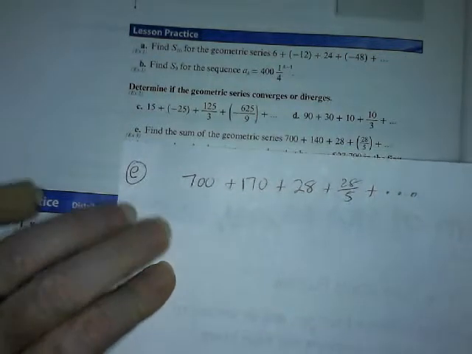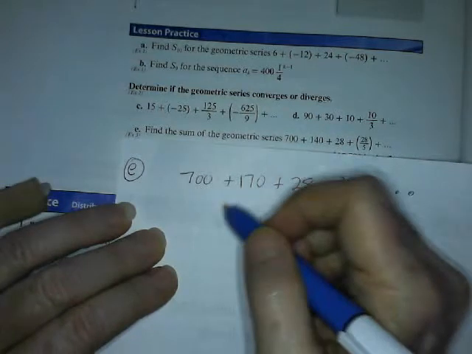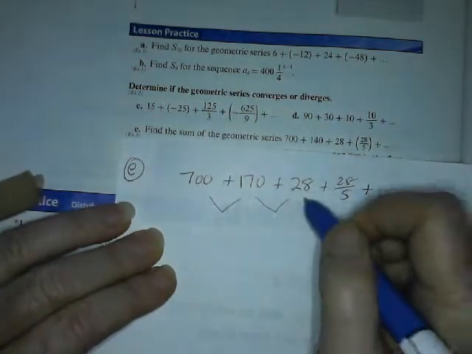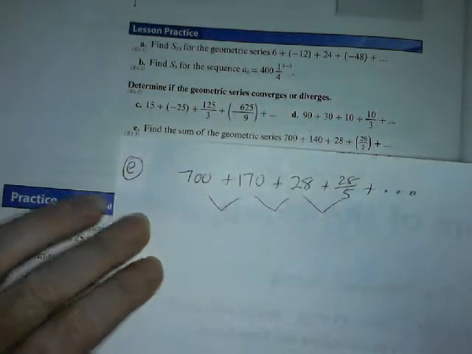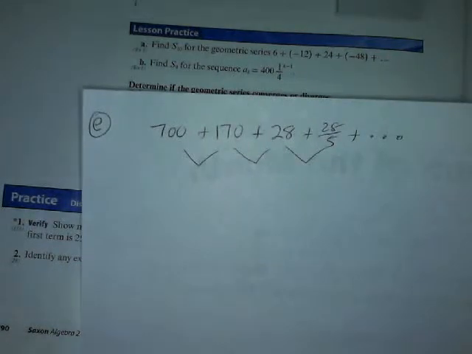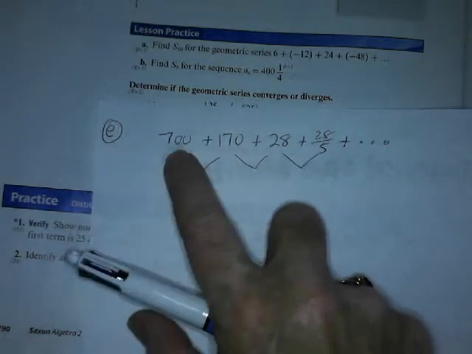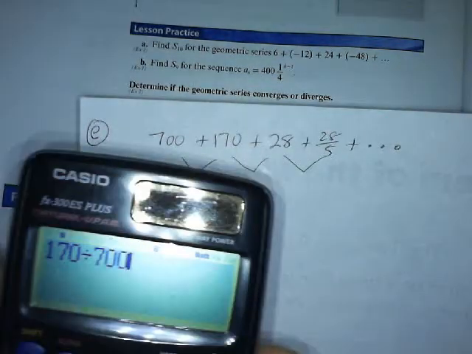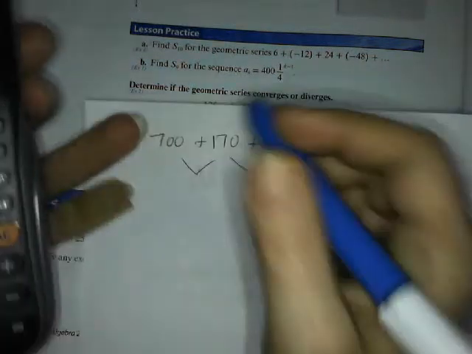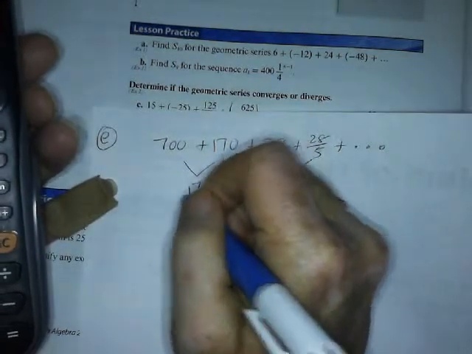Does it converge? It looks like it's getting smaller and smaller. What's it getting smaller by? I don't know. I'm just going to do 170 divided by 700. It's getting multiplied by 17 over 70 each time.